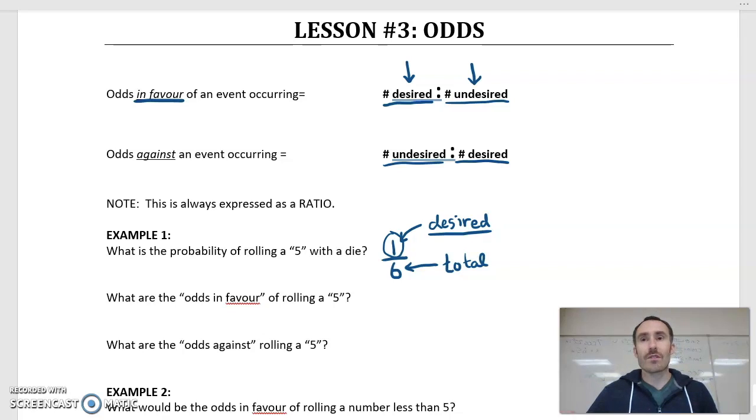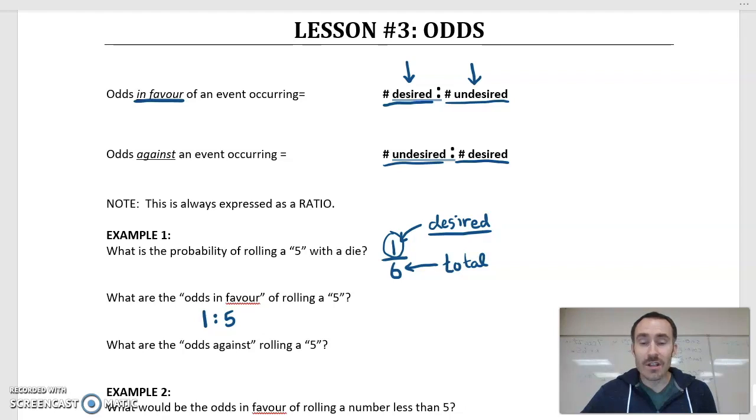If you win when you roll a 5 and you lose if you don't, then you have 1 winning outcome and 5 losing outcomes. And so the odds in favor of rolling a 5 would be 1 to 5. Think of it like a scoreboard. 1 is a winner, 5 is the loser.